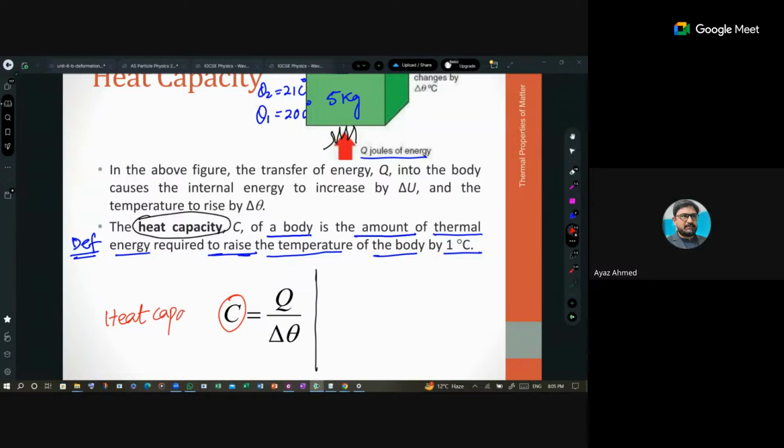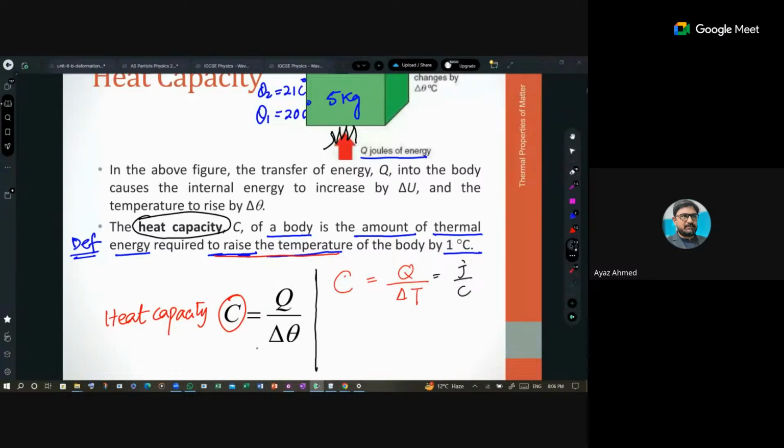Heat capacity means the amount of thermal energy required to change the temperature of any body, any mass, no bound of mass at all. So you can change the temperature of any mass. It is actually equal to capital C equals Q divided by delta T or delta theta, right? So both equations are correct. Its unit is joule per degree centigrade.